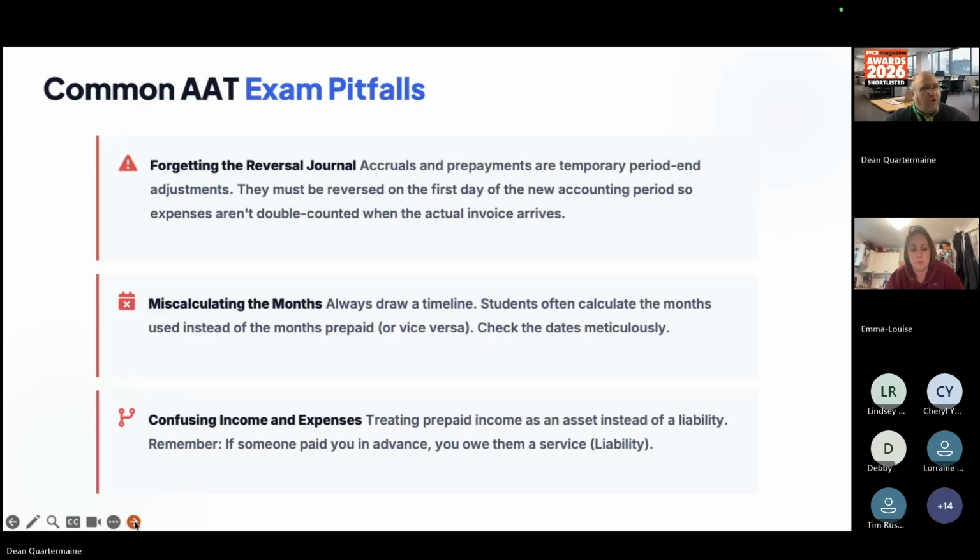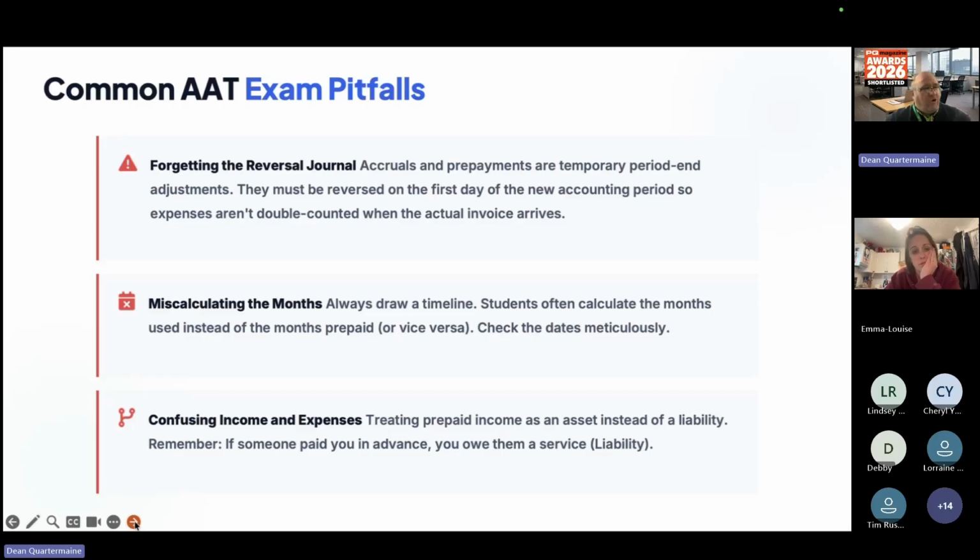Another thing that we see a lot of is people miscalculating the number of months for things like prepayments or accruals. They calculate the months used instead of months prepaid, or vice versa. Draw it out on a timeline. You've got 12 months there. The invoice is for 12 months.